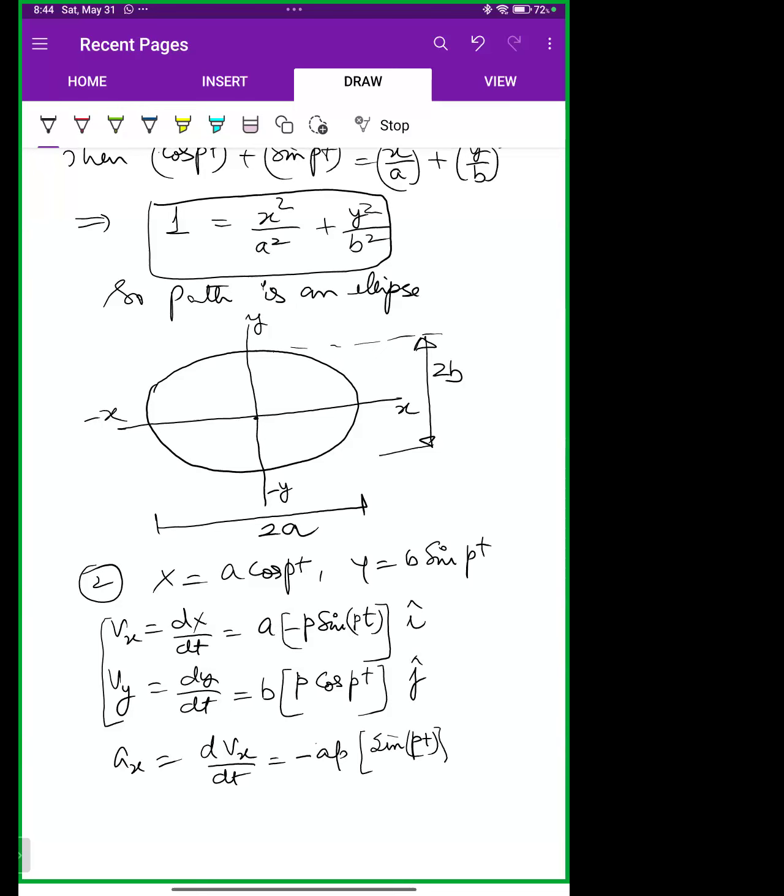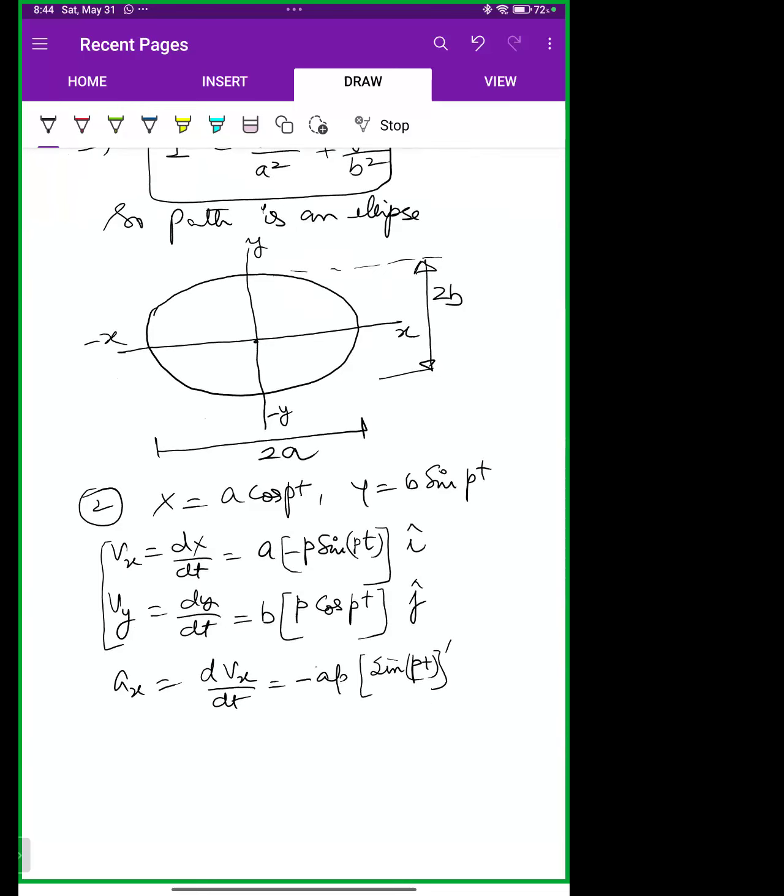How much is that? Is equal to minus AP. Sin PT differentiation is P cos PT. So that becomes minus AP square cos PT. And the direction is I cap.